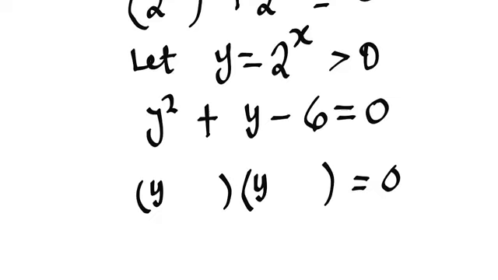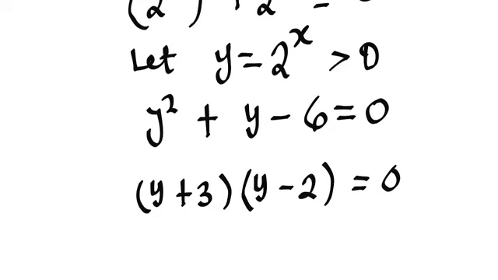So from there, we're going to have +3 and -2, because +3 times -2 will give us -6, and +3 plus -2 will give us +1.